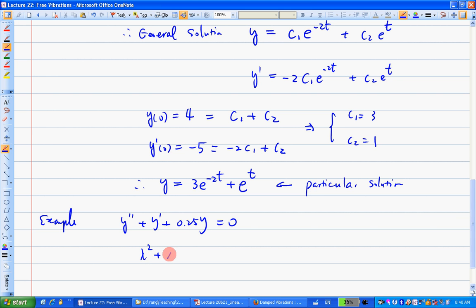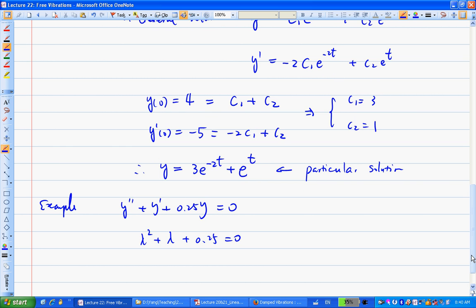Lambda square plus lambda plus 0.25 equal to 0. So what do you think of the value for the lambda is? Without using your calculator, can you see the solution for the lambda from here?